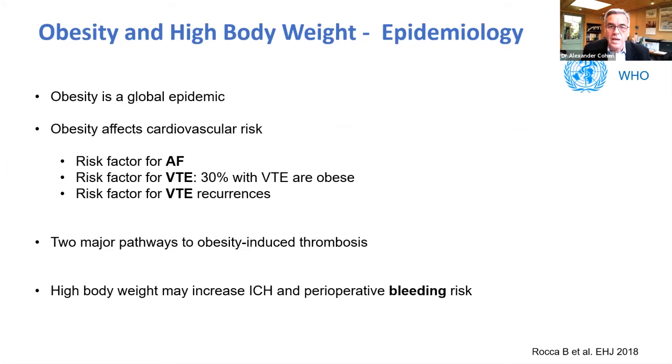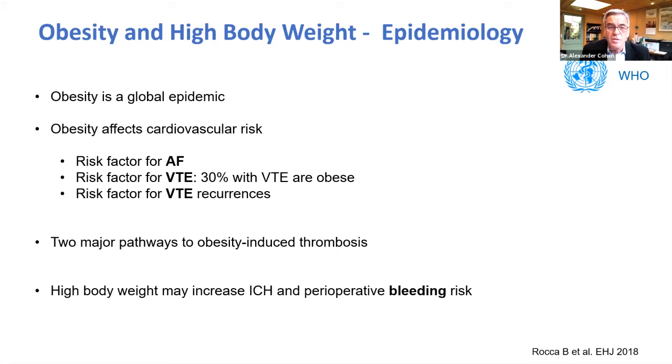So what's the epidemiology? Well, we know obesity is a global epidemic and it affects cardiovascular risk. It's a risk factor for AF. It's a risk factor for VTE. About 30% are obese, and actually around 10 to 15%, depending on the population, fit into the ISTH definition of a BMI over 40 or a body mass over 120.